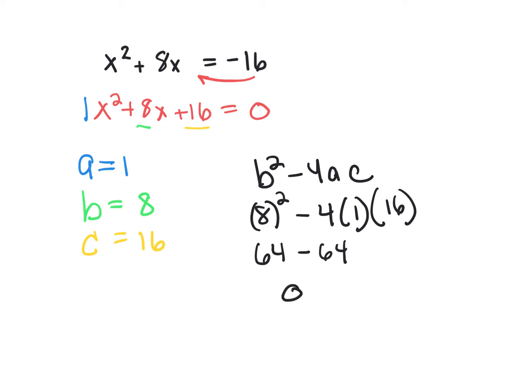And what I'm going to do is find out that the discriminant is 0. And what that tells me is that I will need to keep going and go on to the next step in the quadratic formula.